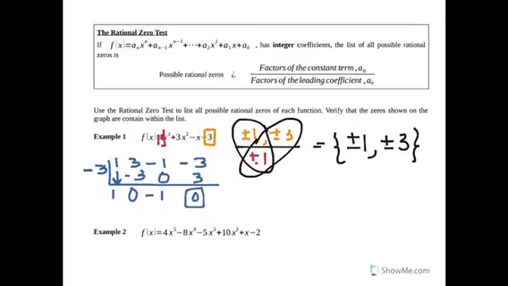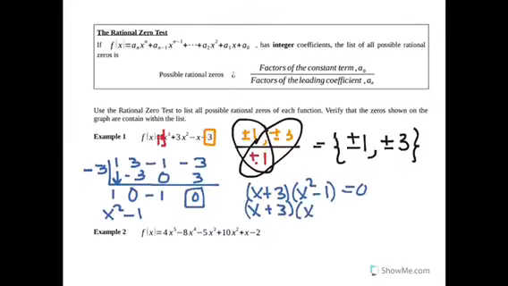Aha, it works. So, and this is x squared minus 1, right? So what I'm left with is x plus 3 times x squared minus 1, and this factors into x plus 3, x minus 1, x plus 1, and my zeros are negative 3, 1, and negative 1.